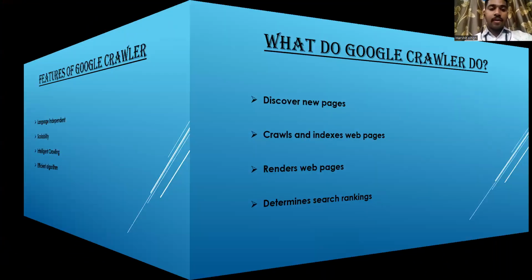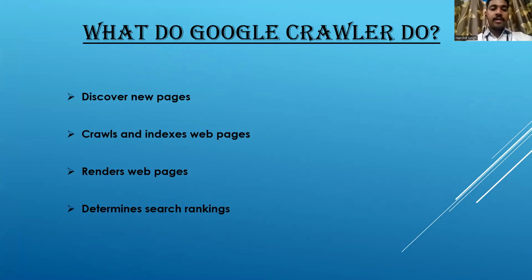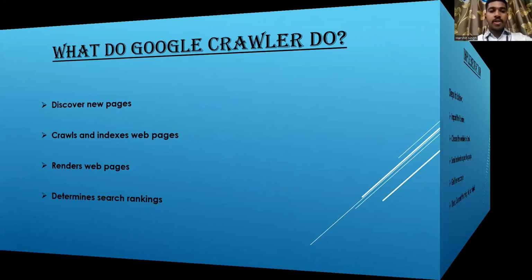As I mentioned earlier, they discover the new pages or new data available on the net, crawl and index the web pages, render the web pages, and determine the search ranking. If the clicks on a certain website are more, then the website comes on top. In this way, it determines the search ranking, and search engine optimization ranking is improved.